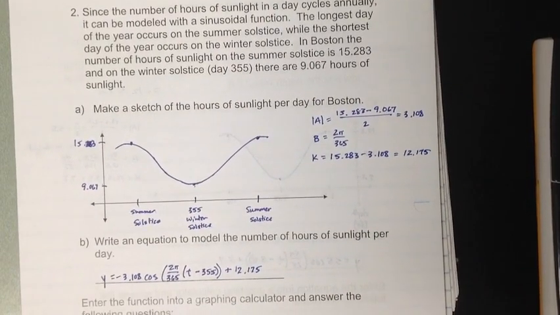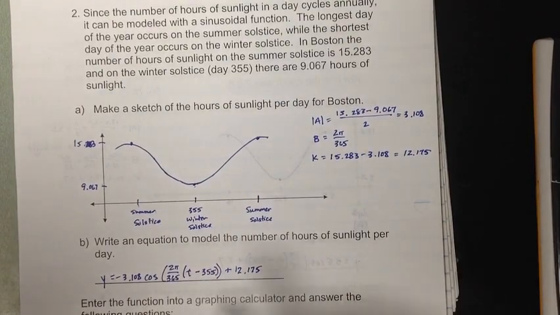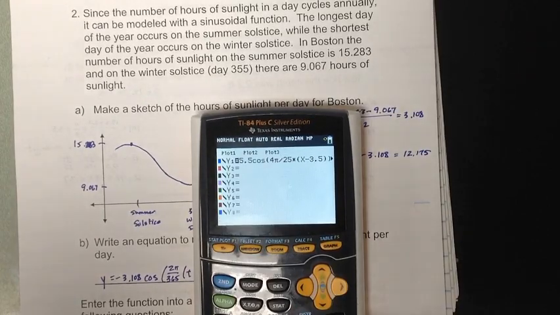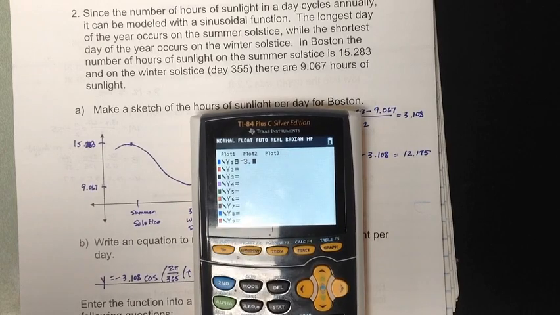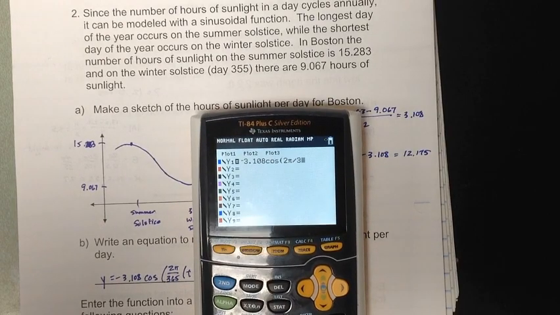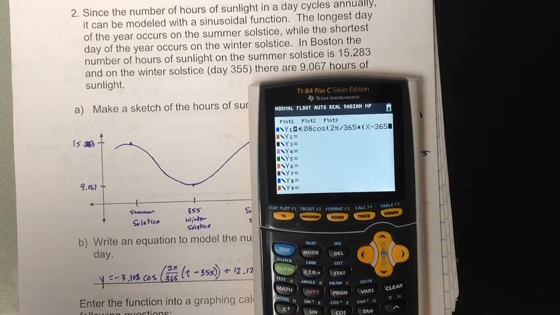All right, so there we go. We have an equation. We've got our graph. Enter the function to a graphing calculator. Answer the following questions. All right, let's get it in here. So let's clear this out. Negative 3.108 cosine 2 pi divided by 365 times, we'll open a new parentheses here, x minus 365.